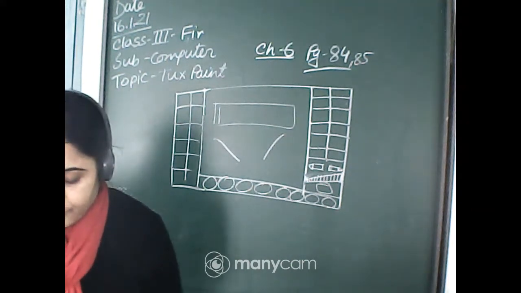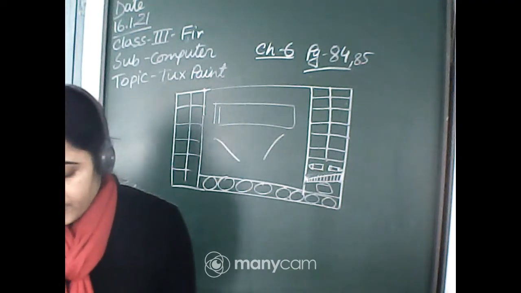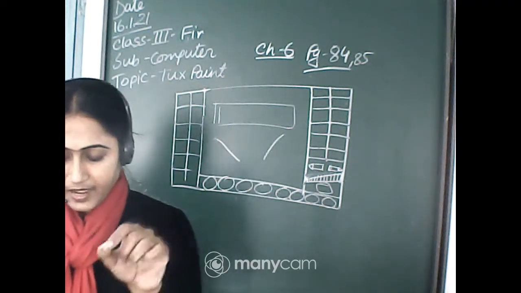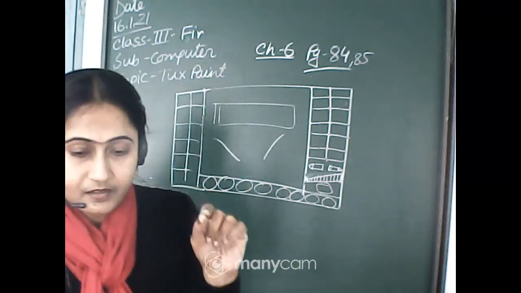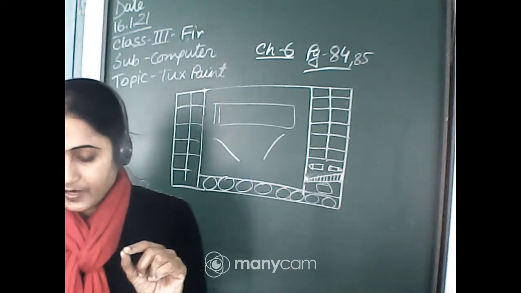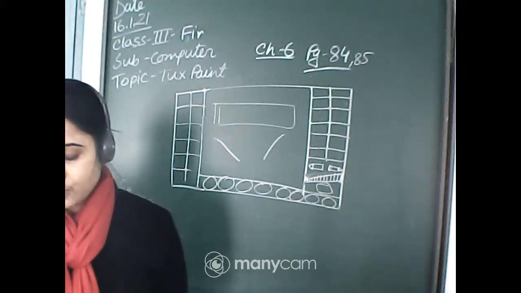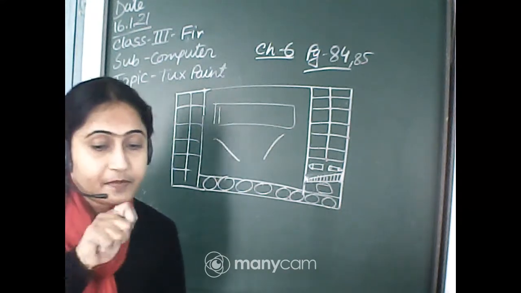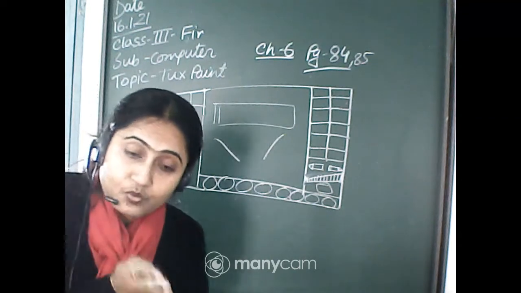Okay, and while using the pen tool you can see the image you are drawing at that moment. When you apply the pen tool, at that moment you can see the effect of those particular shapes on the drawing canvas while you are drawing.